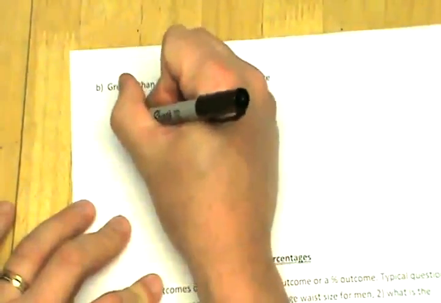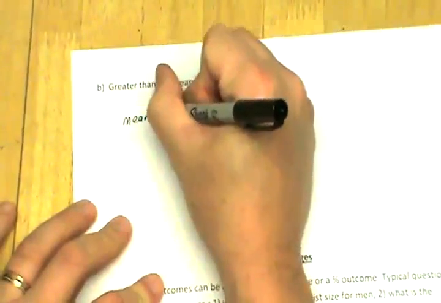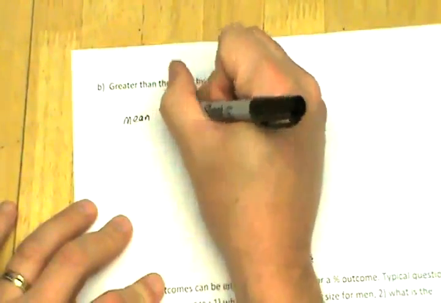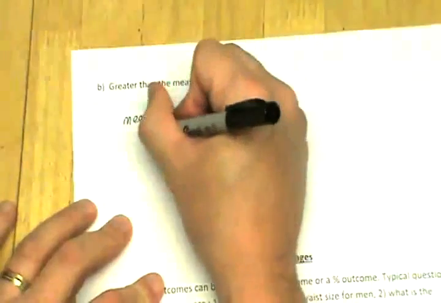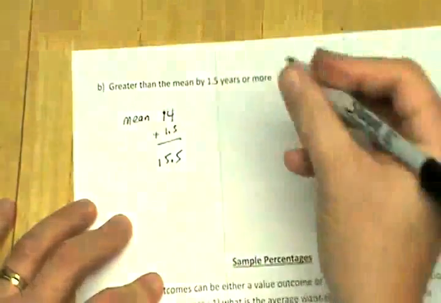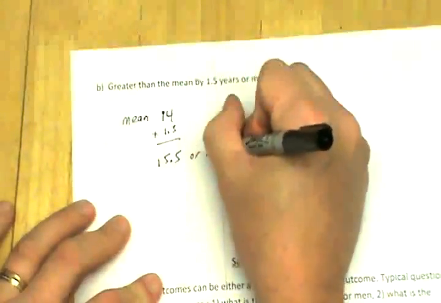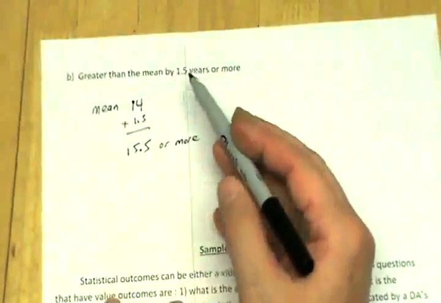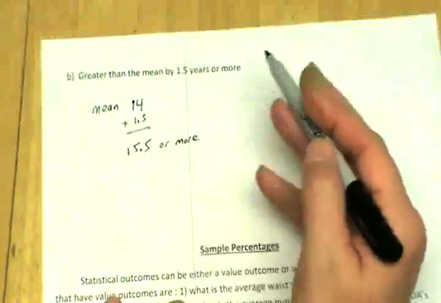So we got back the mean from the last question to be, let's see, take a look, it was 14. So we want 1.5 or more than that. So if we add 1.5 to 14, we get 15.5 or more. That's really what we're asking for here. Greater than the mean by 1.5, so that would be 15.5 or more.